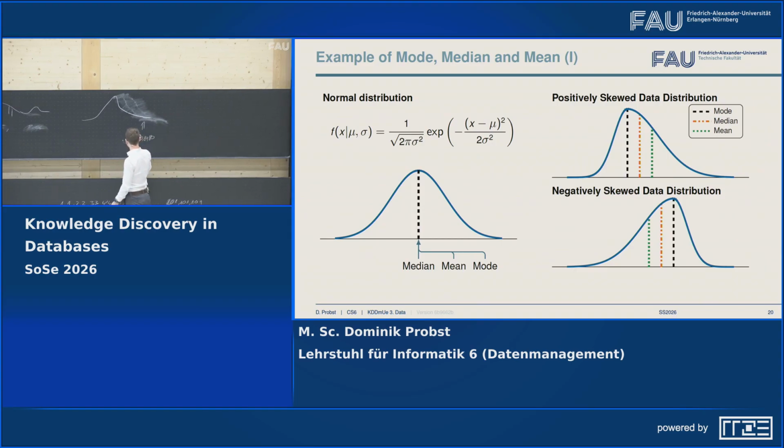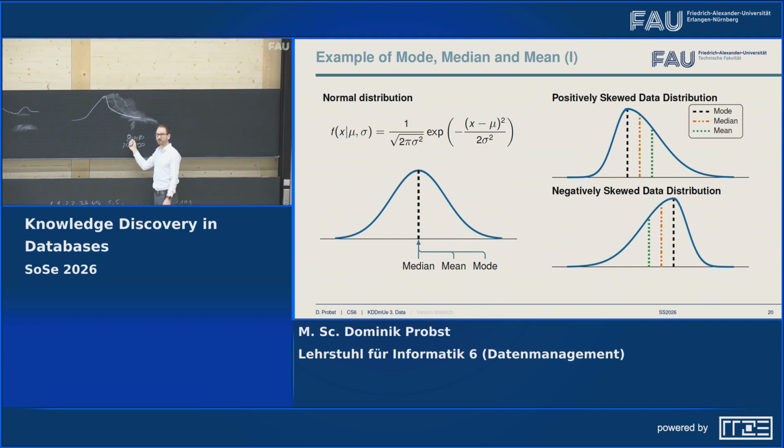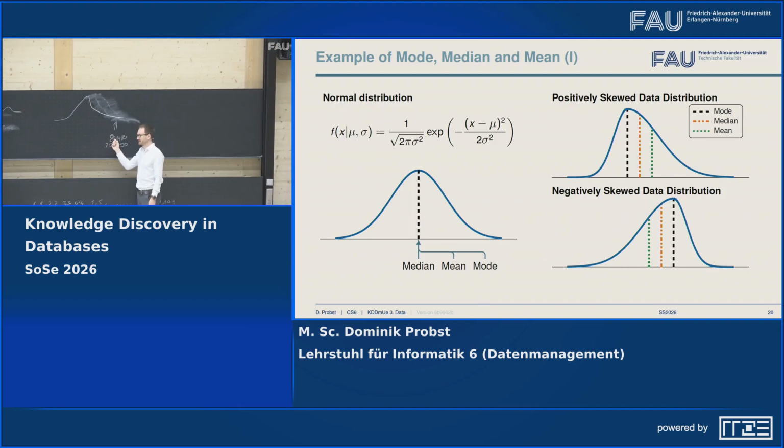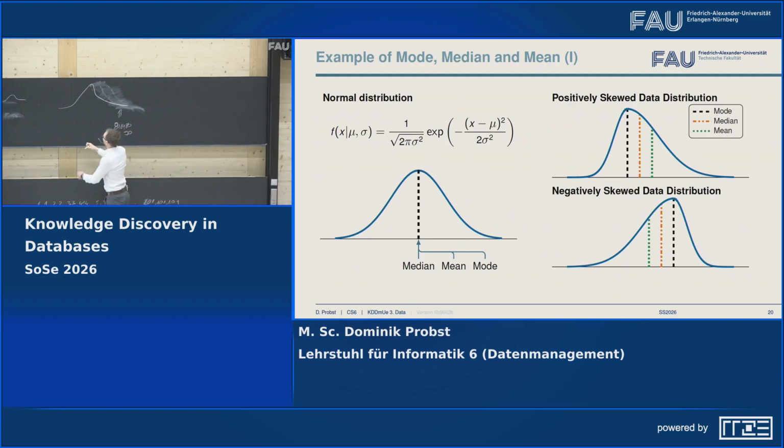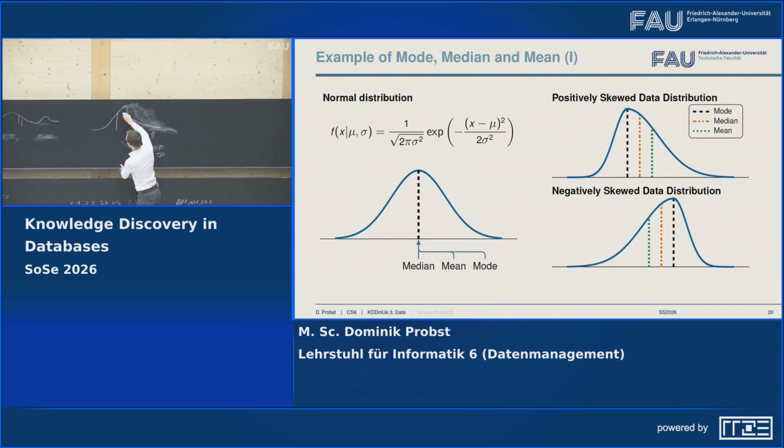The bin is 70 to 90, and these are the only values within that bin. But the mode is still within that bin, because we have the most values that are 80. That can happen with a thing like this.